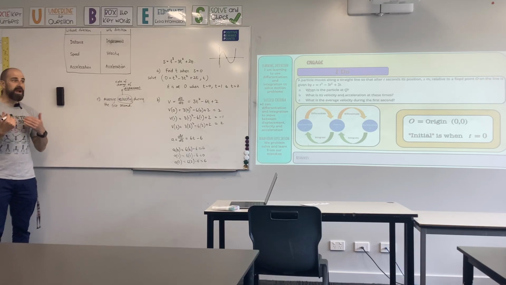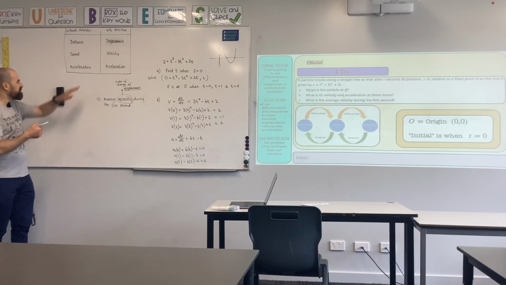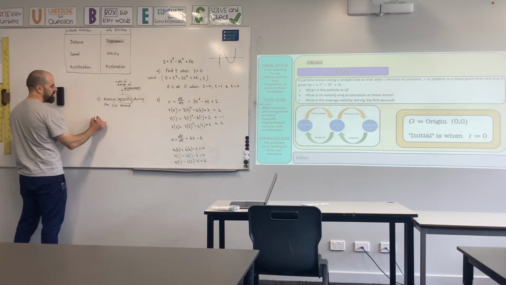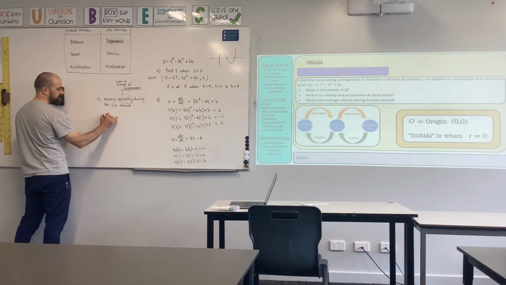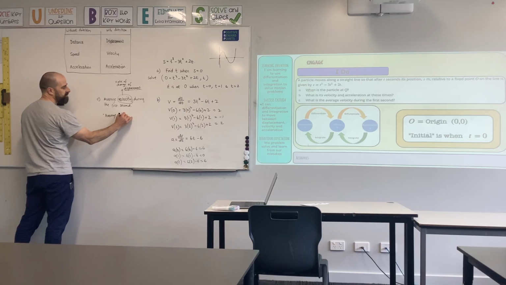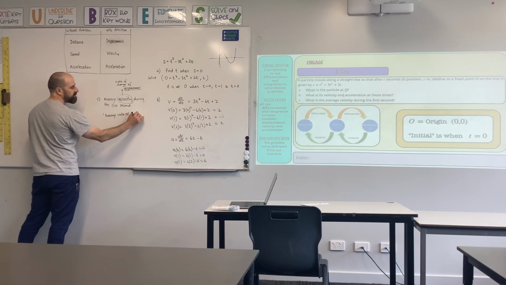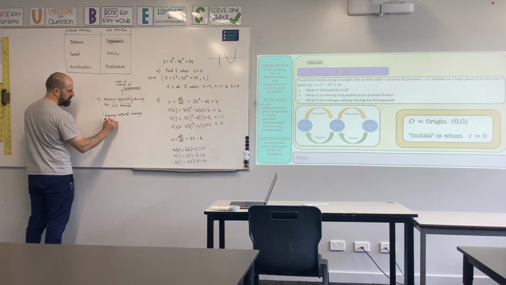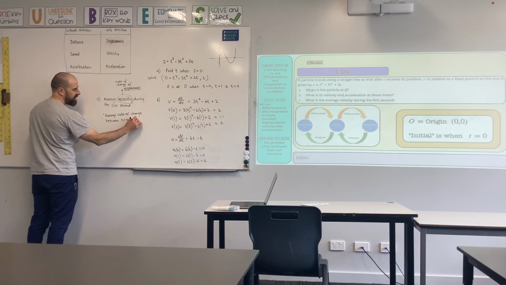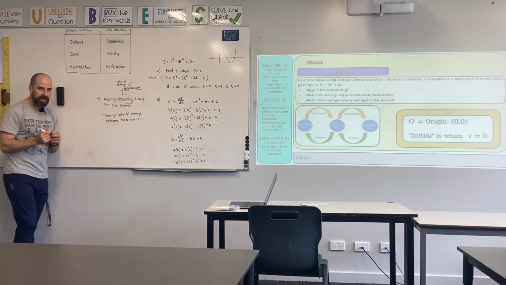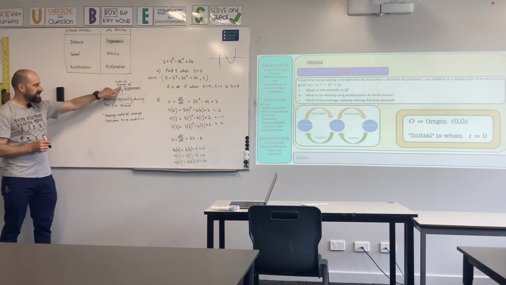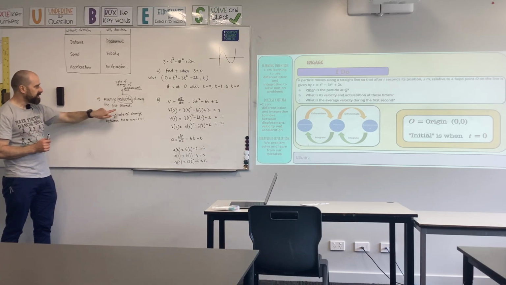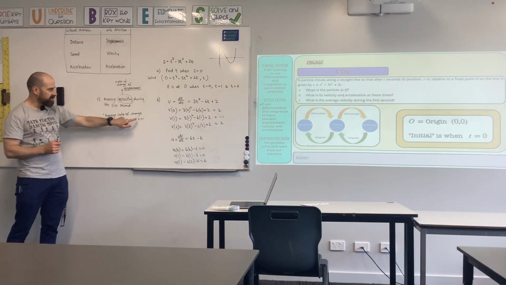So velocity is the rate that my displacement's changing, like speed's the rate of change of your distance. So this is actually saying what is the average rate of change between t equals 0 and t equals 1. Average velocity is the average rate of change of displacement in the first second, so between 0 and 1.